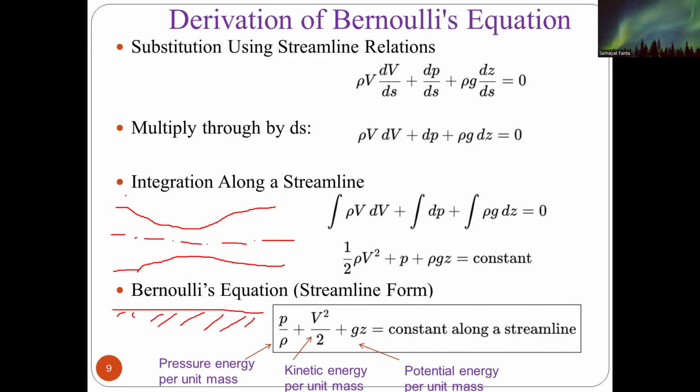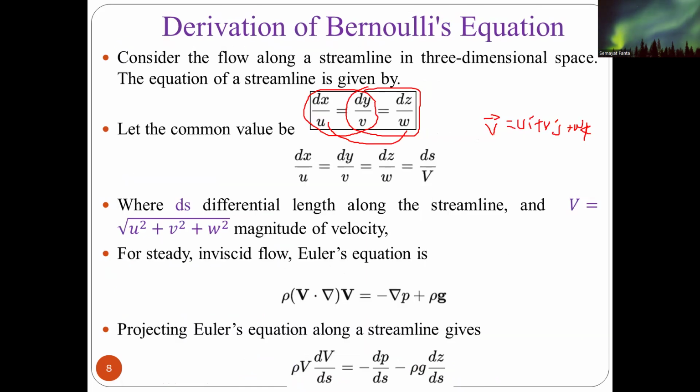If I take this cross section, this z is equal to this z again, and from here to here z is the same. So this term may vanish for our simplified analysis.